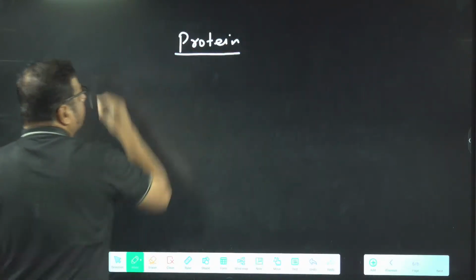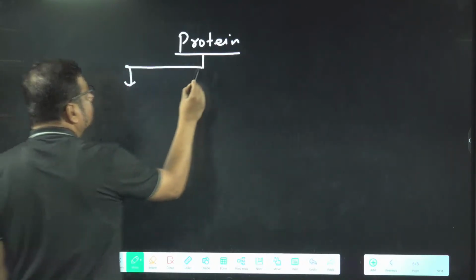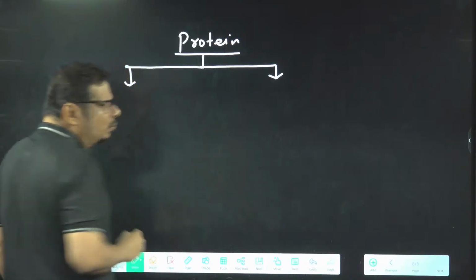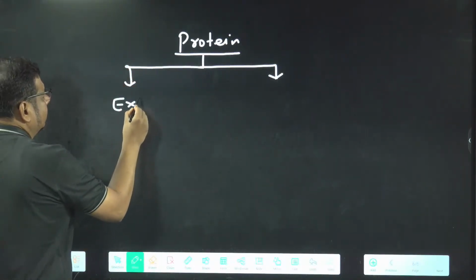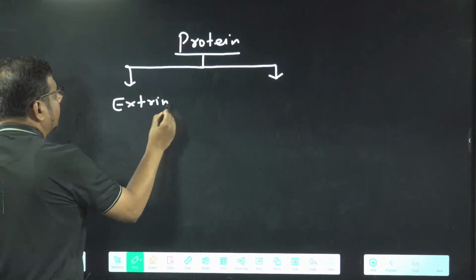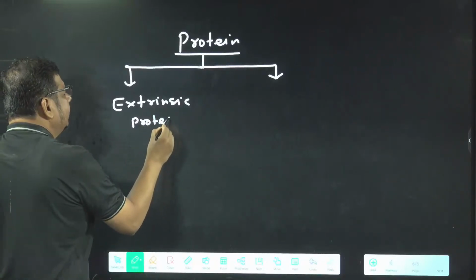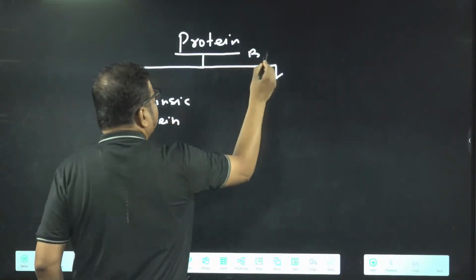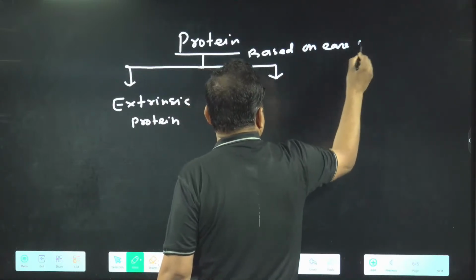So in the plasma membrane, two types of proteins are present. One is extrinsic protein, and it is based on ease of extraction. What is the criterion?